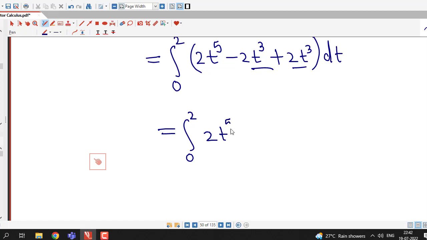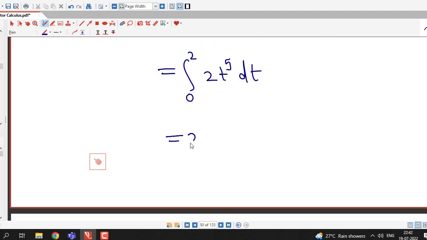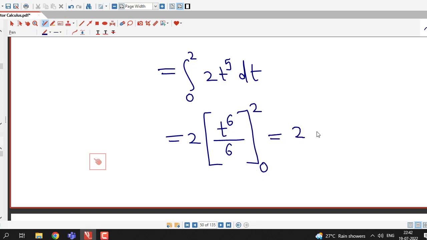The integral of 2 times t raised to 5 with respect to t, and 2 is constant. Integral of t raised to 5 is t raised to 6 divided by 6. Limits of t are from 0 to 2, and this is going to be 2 raised to 6 divided by 6 here, minus t equal to 0.